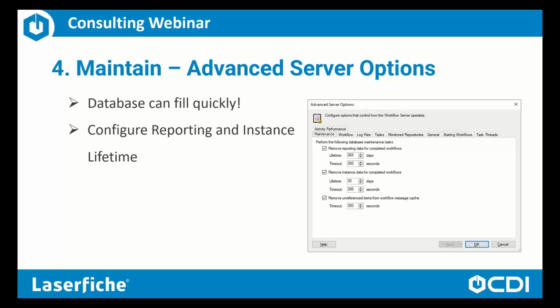The reporting data is what's used for the workflow statistics report and all of those other reporting features that we will take a look at. The instance data is more the track tokens and conditional logging, all of that extra workflow instance information that workflow is going to track.